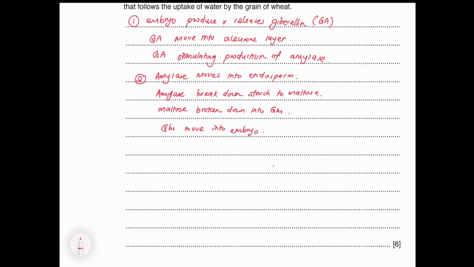What is the role of the glucose? This will be step 3. The glucose is used in respiration, to release ATP for the process of germination, also known as growth.